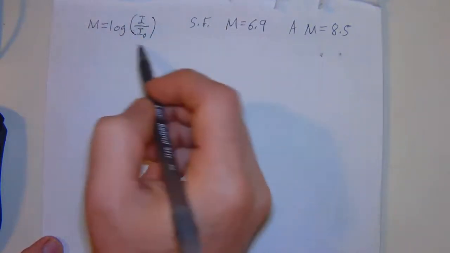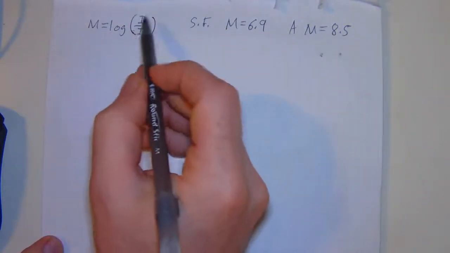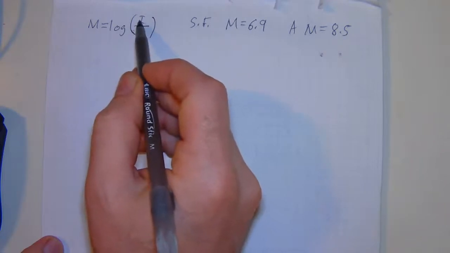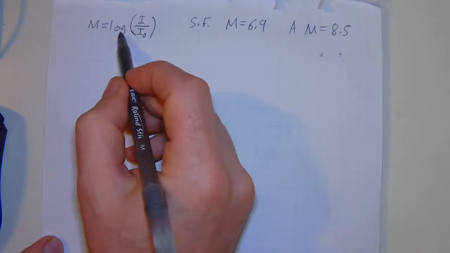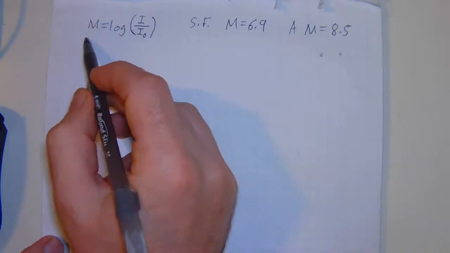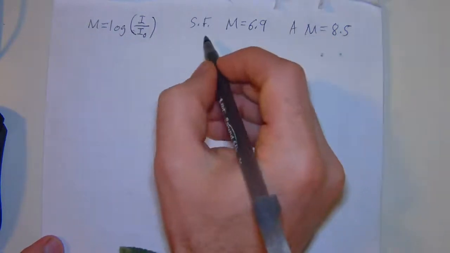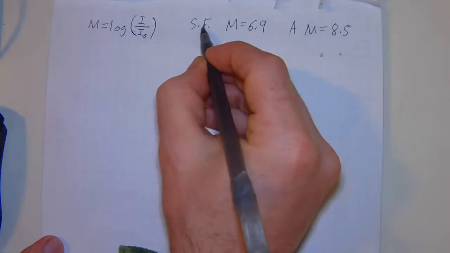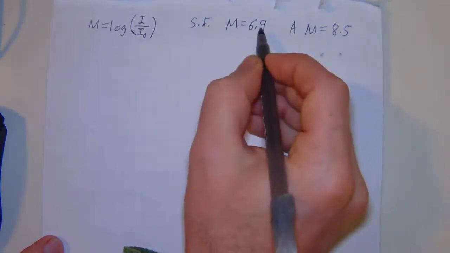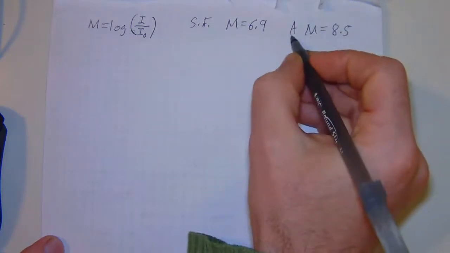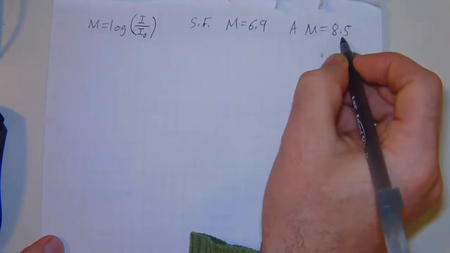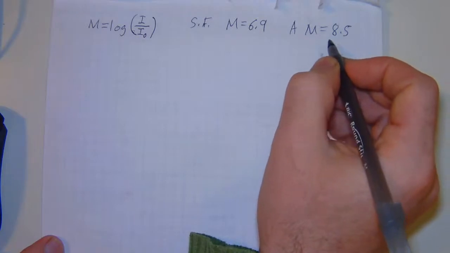So this is the formula for the Richter scale for measuring earthquakes. We take the intensity of the earthquake divided by the reference intensity, take the log of that, and that is our Richter scale rating. In 1989, there was an earthquake in San Francisco, and it measured 6.9 on the Richter scale. And in 1964, there was an earthquake in Alaska that measured 8.5 on the Richter scale.